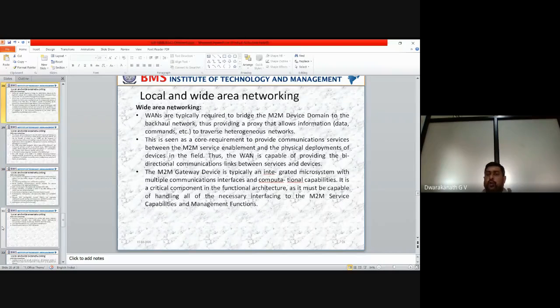This is seen as a core requirement to provide communication services between the M2M service enablement and the physical deployments of devices in a field. Underline this. In what way and over what vast range you are deploying the physical devices, and how to connect your main device, your control room.